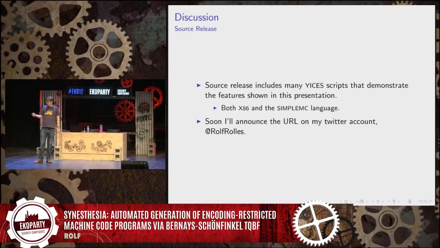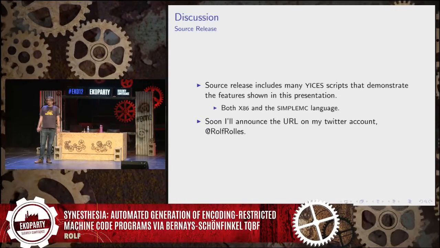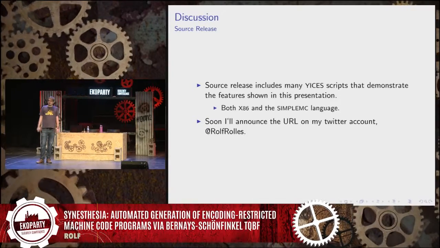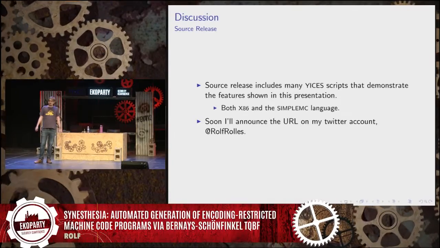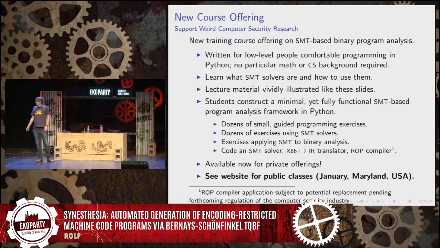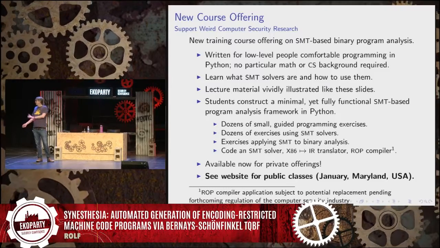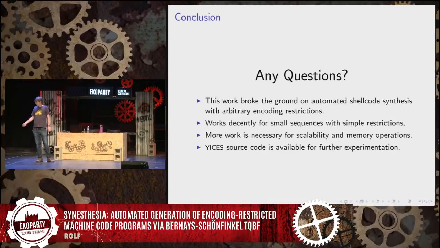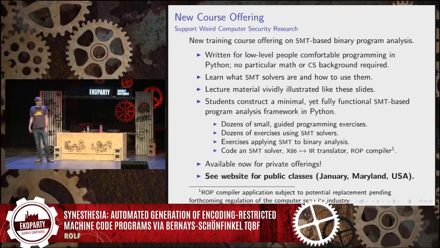I'll announce the URL on my Twitter account, or just look in the standard places. I run the reverse engineering Reddit and stuff like that, so you'll find it if you care. Yeah, I'm done.